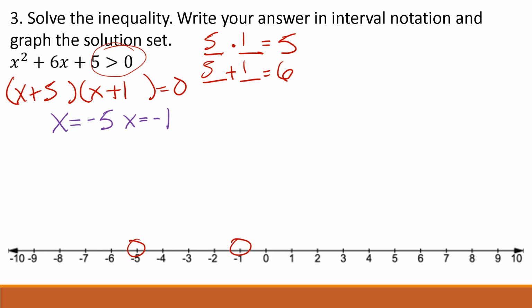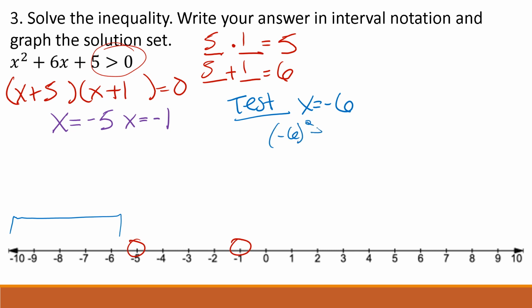All right, so now we need to figure out our intervals, where we need to shade. We're going to do the first part over here, up until the -5. Any number that's less than -5, you can plug in. I'm just going to do -6. Always plug it into the original inequality, so it'll be -6 squared plus 6 times -6 plus 5.